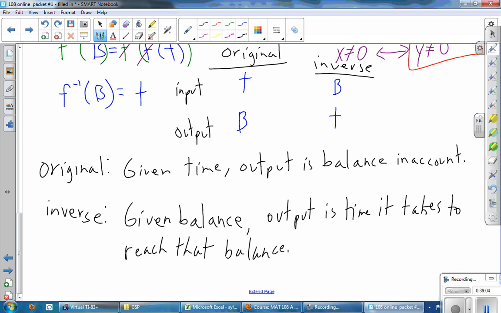Maybe you are given a balance of, say, $8,000. And you say, well, I want to know when will I have $8,000 in that account? And this inverse function will tell you that. You plug in $8,000 as the input of the inverse function, and the output is how long it's going to take you to get there. So maybe to get to $8,000, it will take 10 years. To get to $1,200, it will take 2 years.